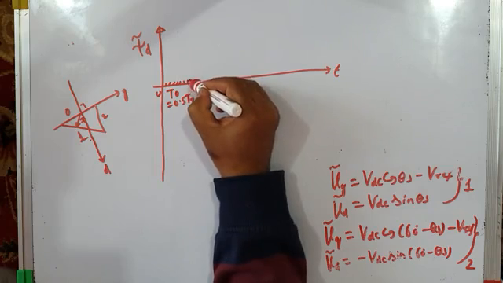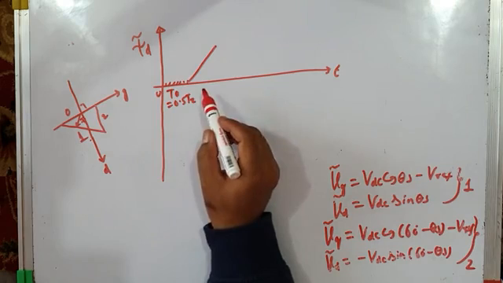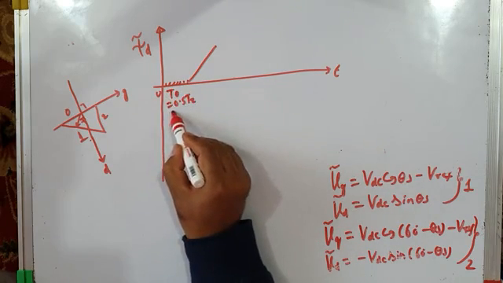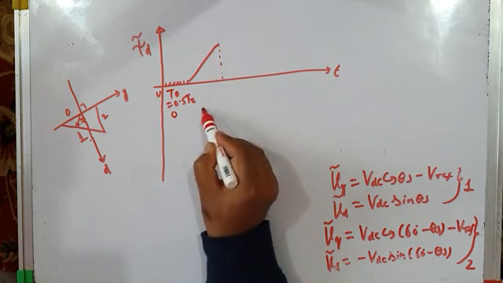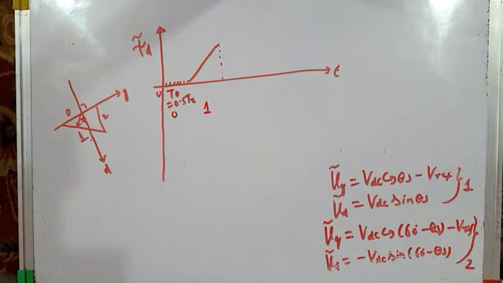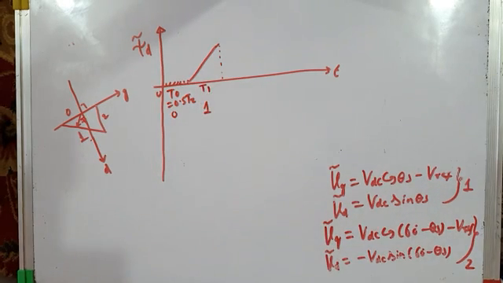So therefore it will rise like this. So this is when active vector 1 is applied. Here null vector 0 is applied, and during this interval active vector 1 is applied. Fine. And what is this time interval? This time interval is t1, for which active vector 1 is applied.